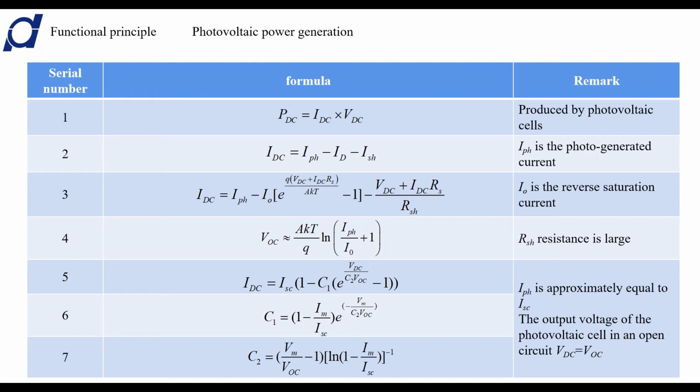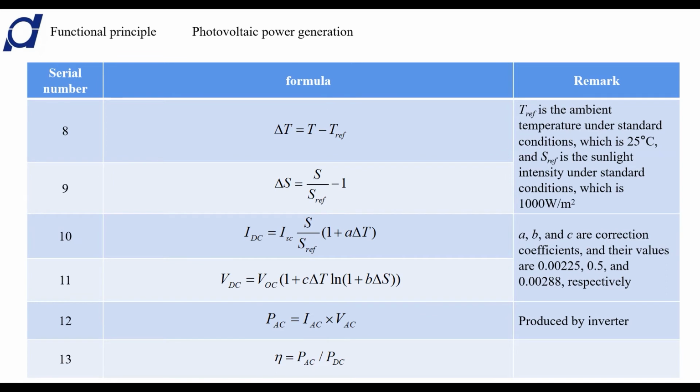In the case of an open circuit, the open circuit voltage of the photovoltaic cell is shown in equation 4. In practical applications, ISH and ID are generally ignored, so we can get Formula 5, 6, and 7.